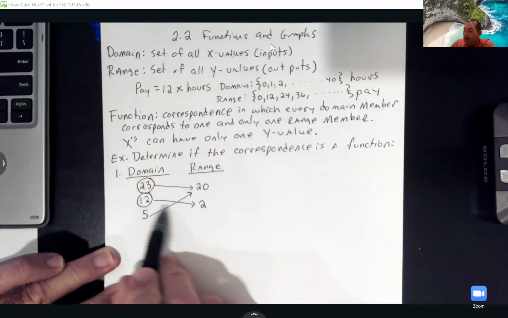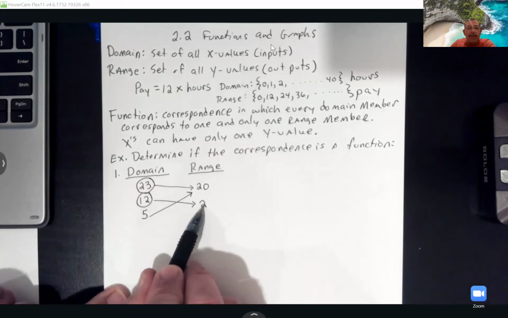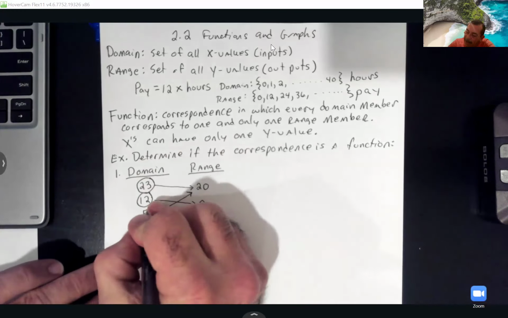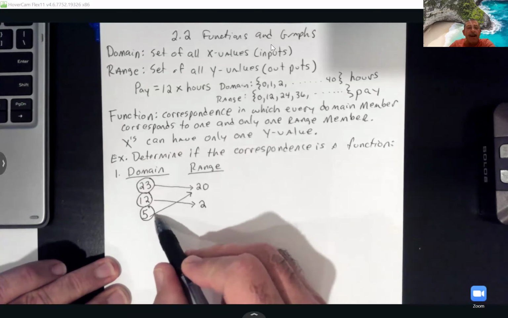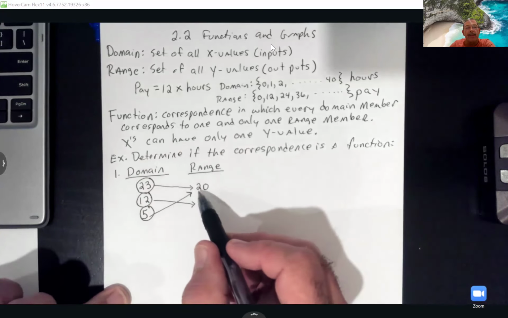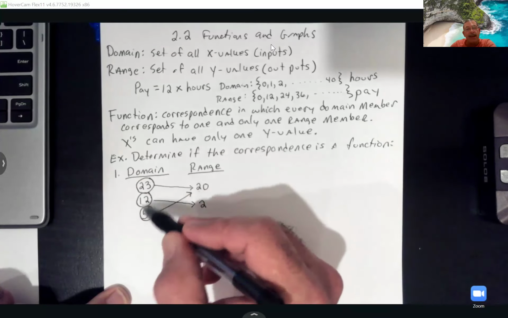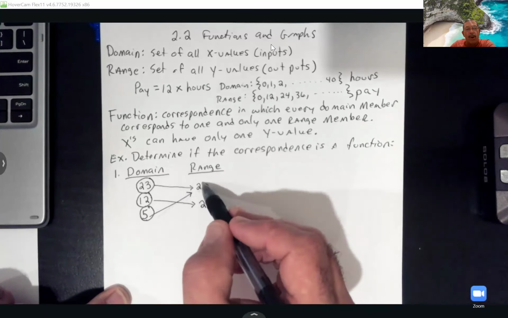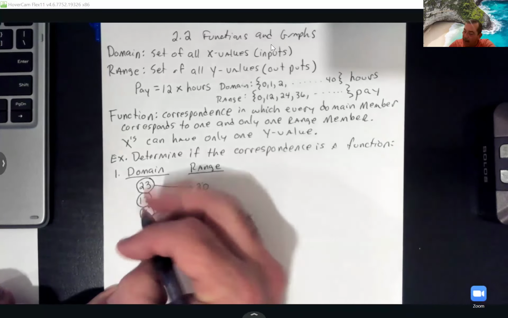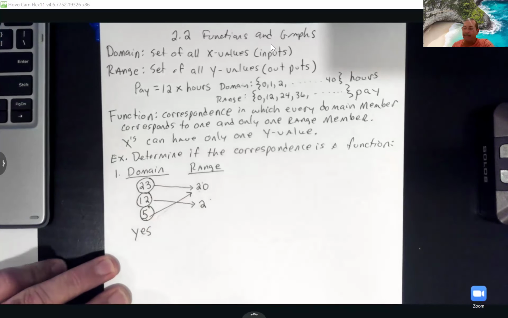This 12 only points to one number in the range. So that one's good. And then I look at the 5. The 5 only points to one range value. So since each of these domain members only corresponds to one range value, this is yes, a function.